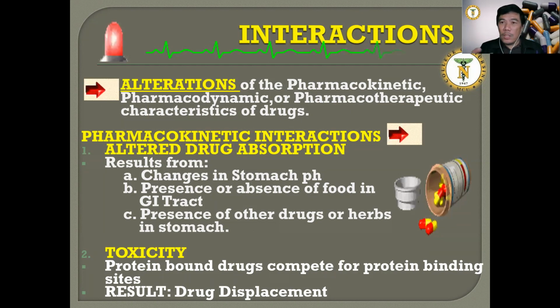If toxicity level comes in, it may result to drug displacement. What do you mean by drug displacement? It may not be effectively distributed. Kasi sinabi natin, di ba, it will distribute to either fatty compartment, intercellular compartment, extracellular, and others as well. So if it may affect the protein binding factors, it may affect also yung distribution.